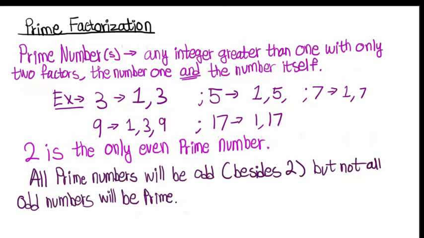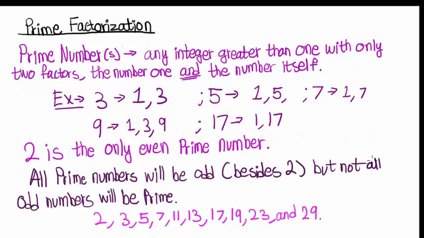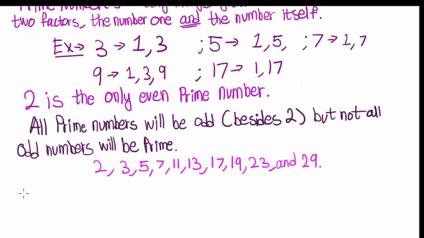So now that you know what prime numbers are, let me just quickly go over one more definition before we actually do prime factorization examples. Now this definition right here is quite simple. If a number is not a prime number, then it is known to be a composite number. A composite number is basically any number that has more than 2 factors.